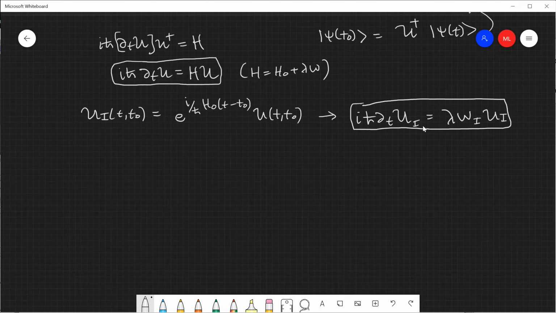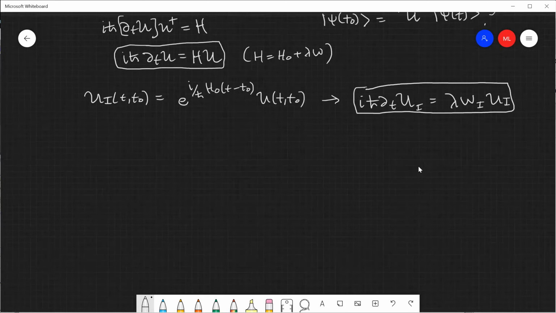See, if lambda is 0, then what does this tell you? It tells you that in the interaction picture, the evolution operator, the unitary, doesn't change in time. It's just stationary, just a constant operator. And so maybe we'll be able to expand in lambda and see what happens.